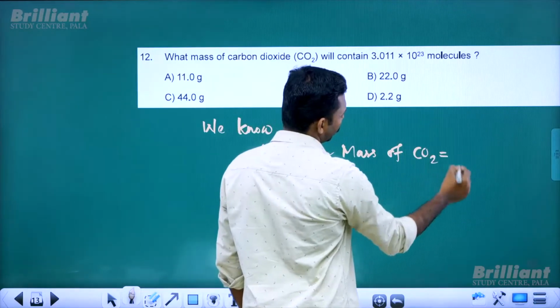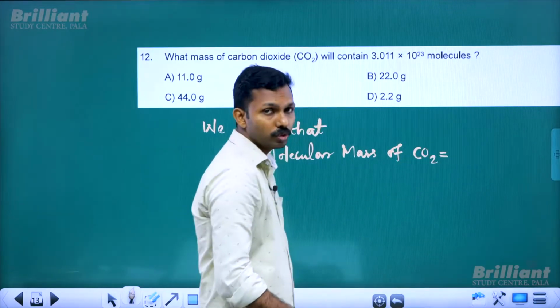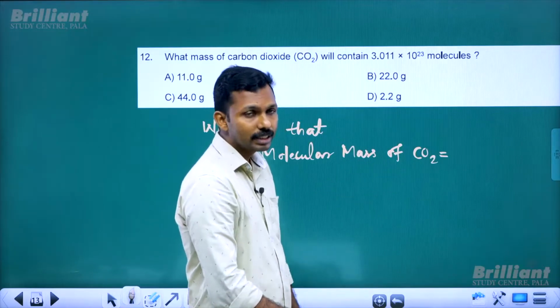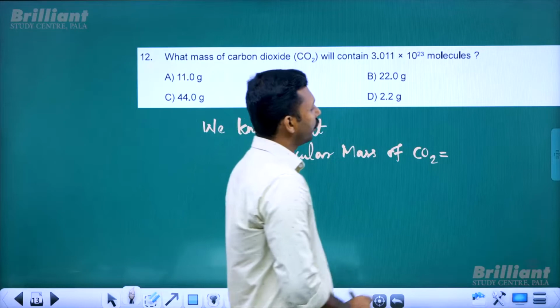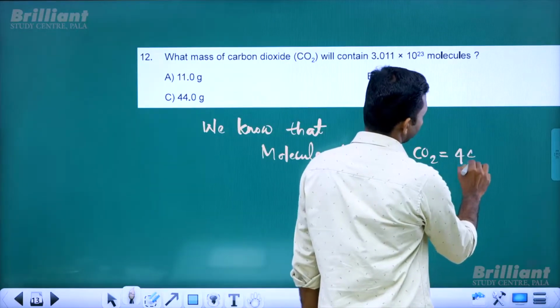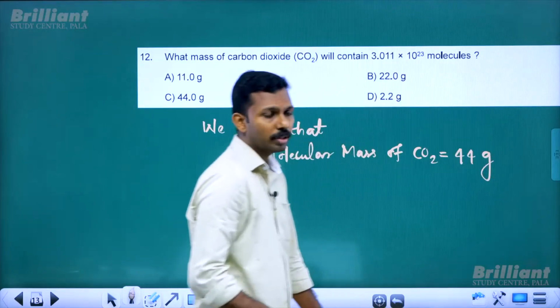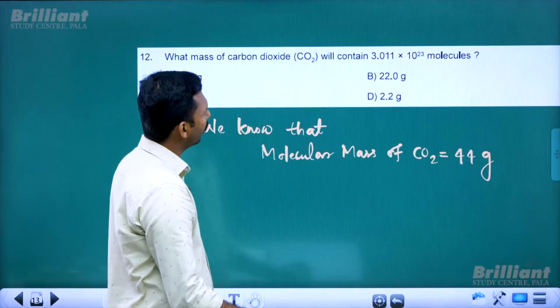Carbon 12, oxygen 16, 2 oxygen 32, 32 plus 12 is 44. So, 44 gram. This is the gram molecular mass of carbon dioxide.